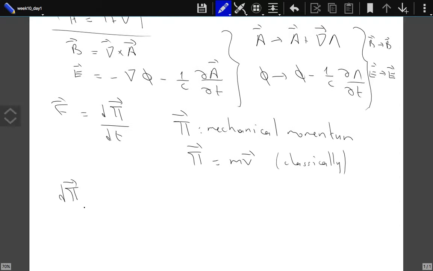So dp by dt is equal to q times, well, the electric field is minus the gradient of phi minus 1 over c dA by dt, plus v cross the magnetic field, which is the curl of A.